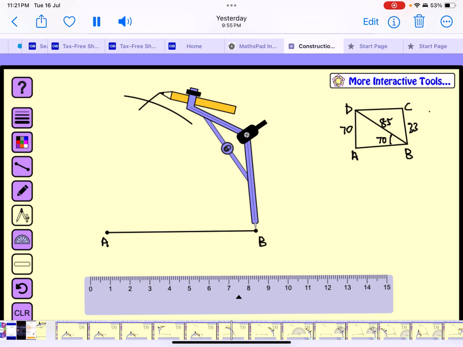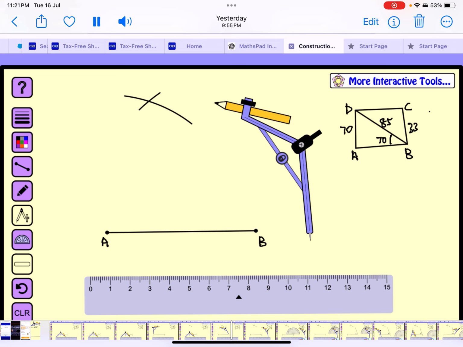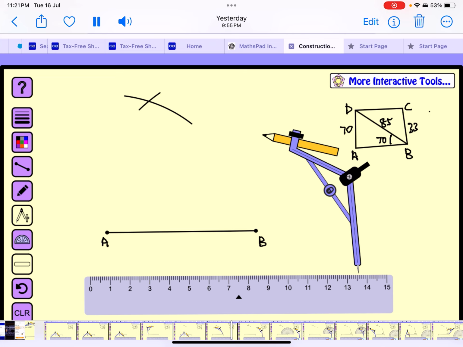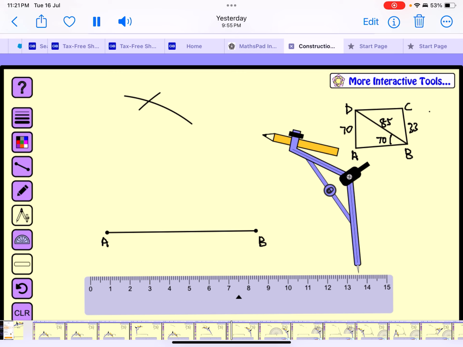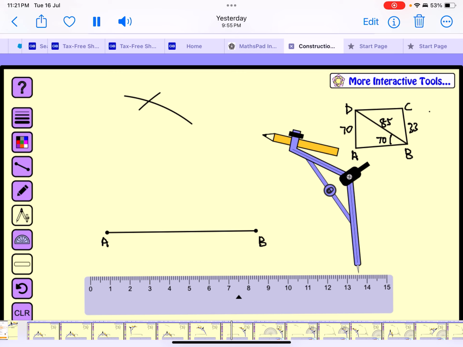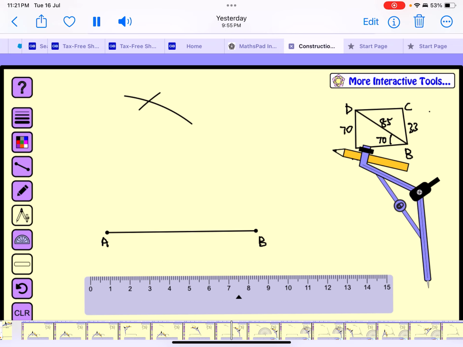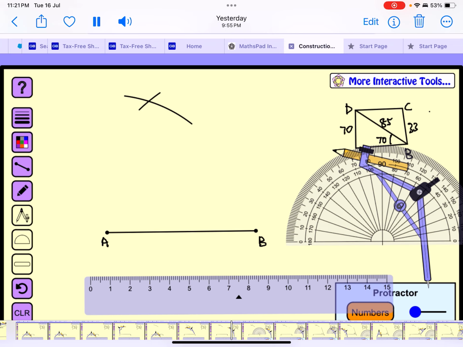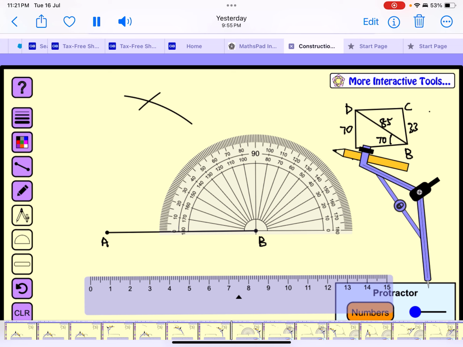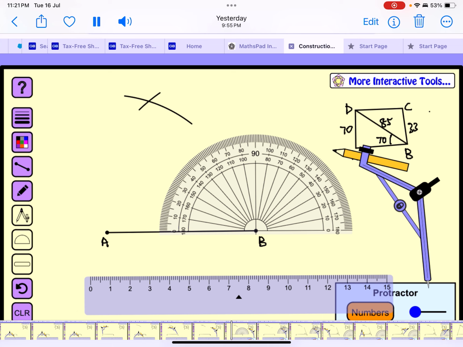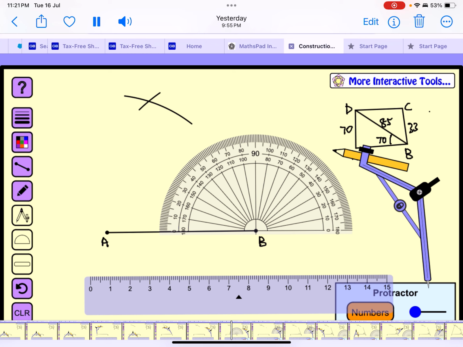So the arc 8.5 will cut the arc at 7 to give us the point D. Next, we will measure the angle, that is 70 degrees. Place the protractor at B, center at B, and draw a 70 degrees.